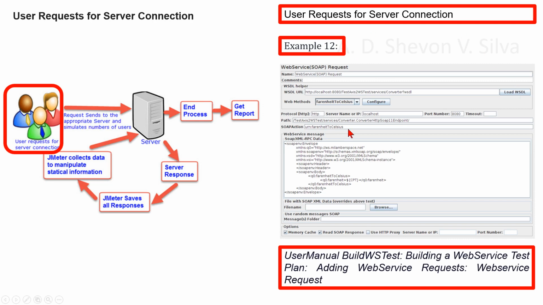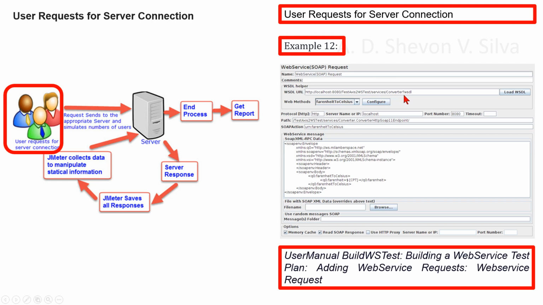Here you can see the web service request. If the WSDL file was loaded correctly, the web methods drop down should be populated. If the drop down element remained blank, it means there was a problem getting the WSDL. You can test the WSDL using a browser that reads XML.